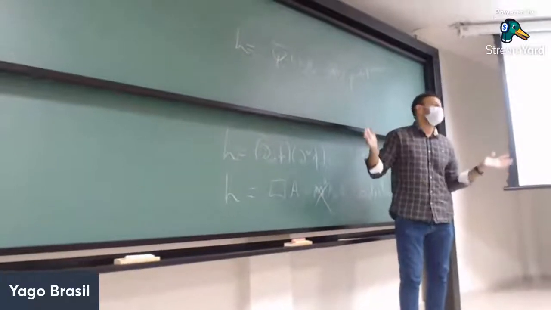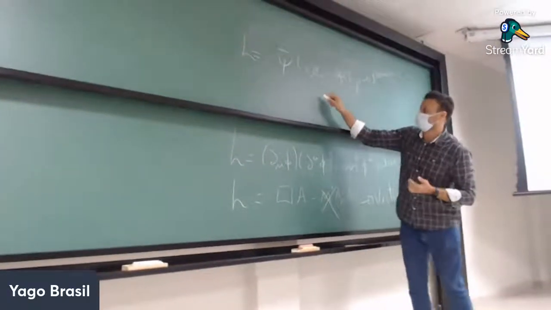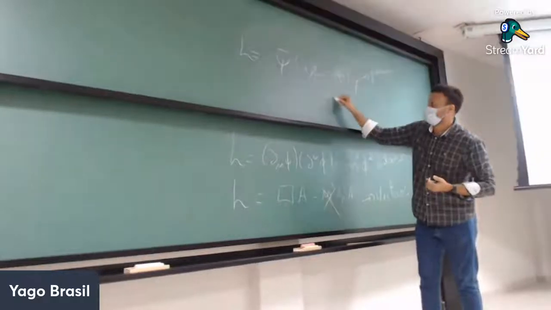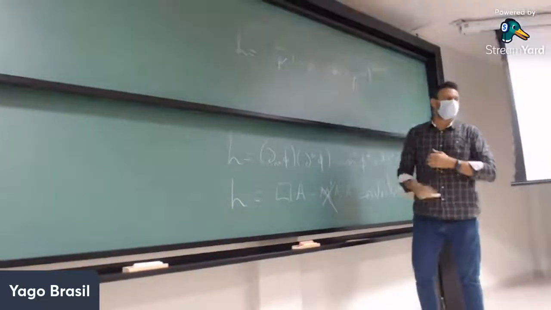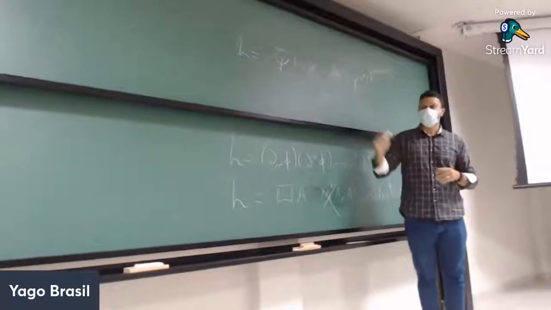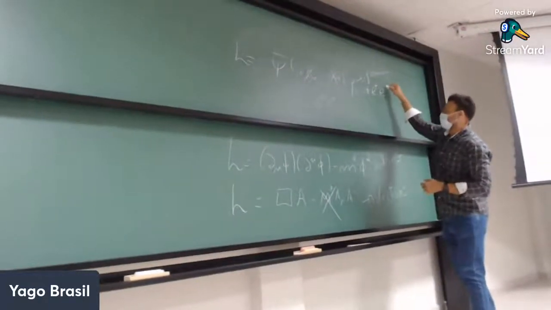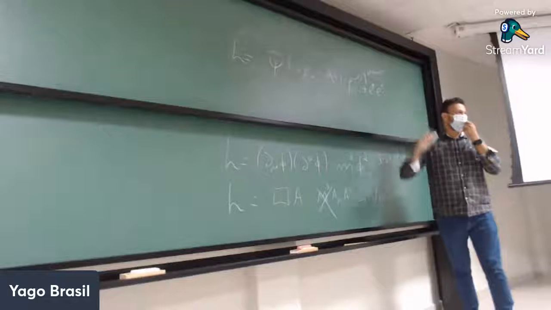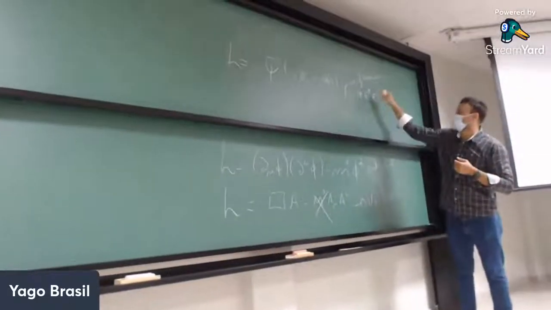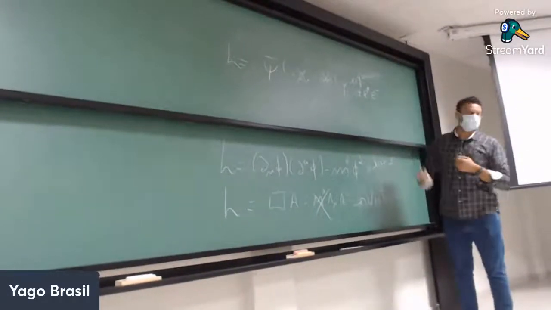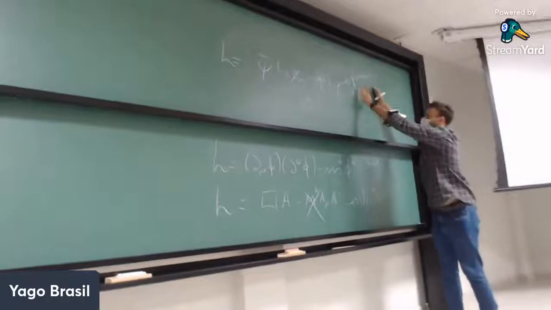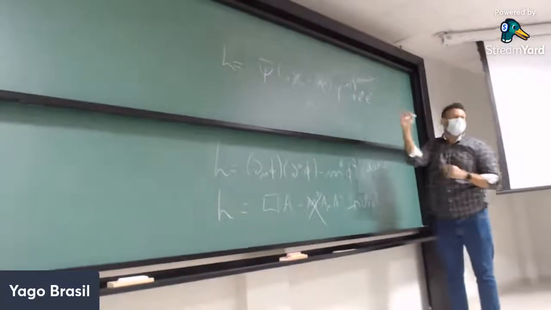I cannot write any Lagrangian. I cannot write a Lagrangian with a positron and another positron, for instance. I cannot write a term which has positron and positron, because this violates charge. It has to be a positron and an electron together, because the charge of this Lagrangian is neutral.